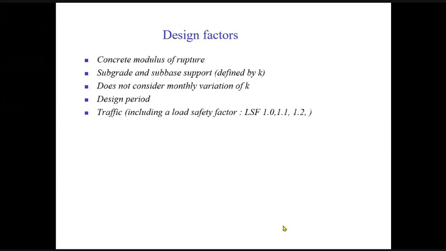There is a design period and they include traffic in terms of a load safety factor of 1, 1.1 and 1.2, depending upon the type of highway you are designing. Obviously, if you're designing a motorway, you take extra 20% traffic. And likewise, if you're designing a collector, it's 1%.